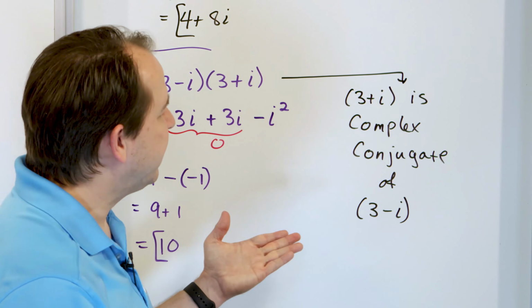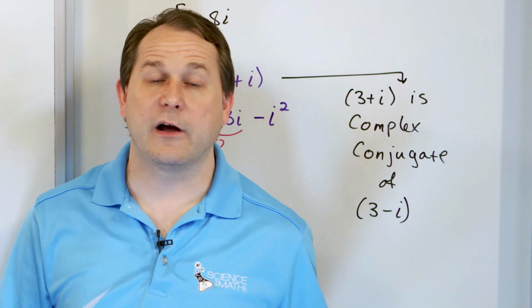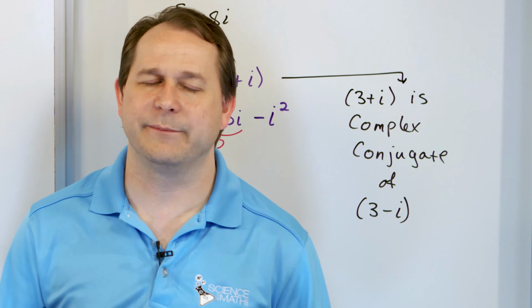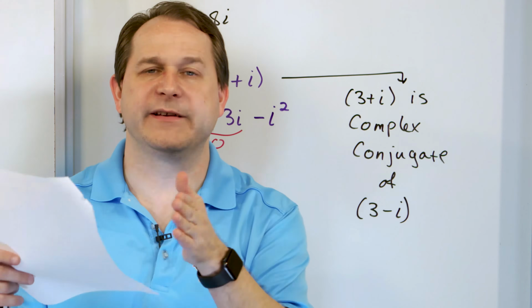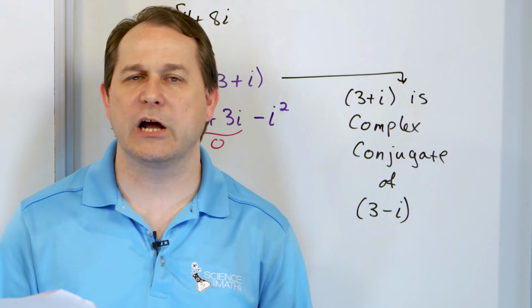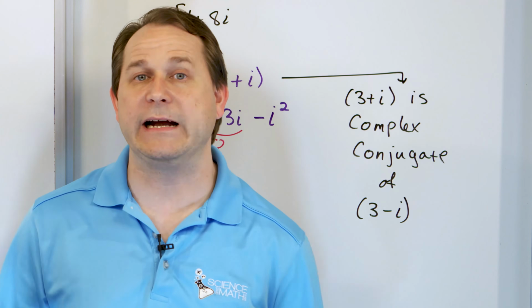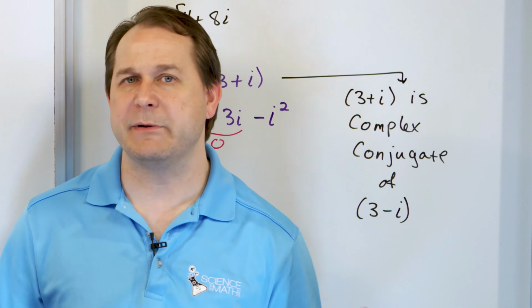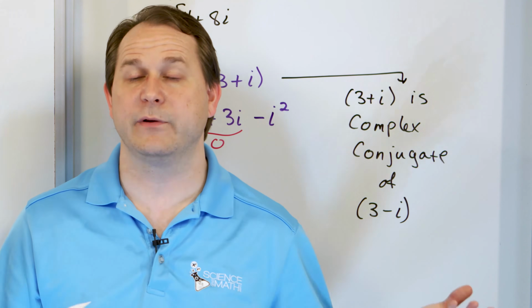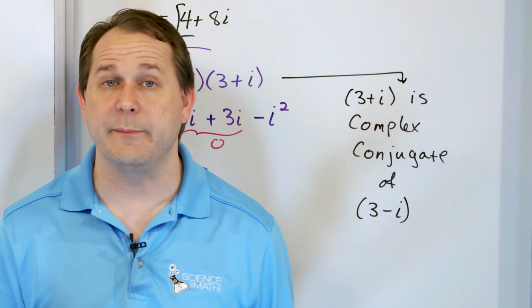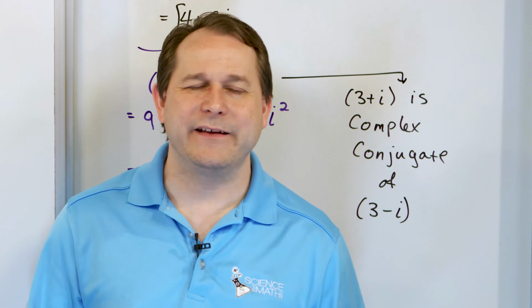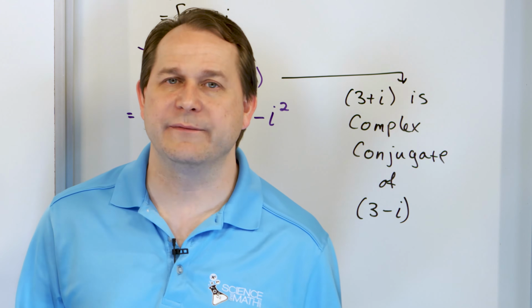A complex conjugate is very similar to what we already talked about: the conjugate of a radical. If you have something plus something and there's a radical involved, to make it a conjugate, you just flip the sign in the middle, from negative to positive or positive to negative, and that's called a conjugate. We use that all the time to clear the radicals from denominators, right? But don't forget, i is really a radical too. i is the square root of negative 1.